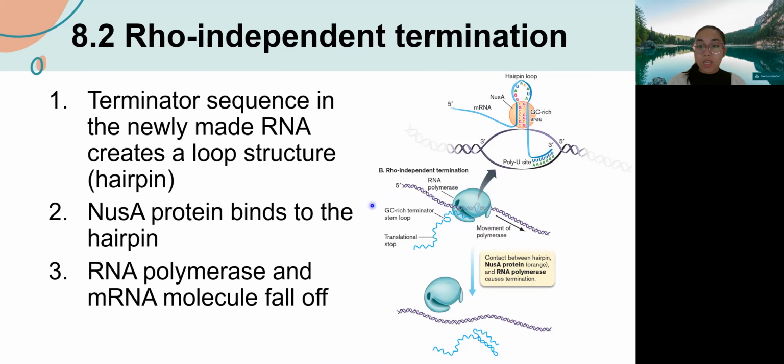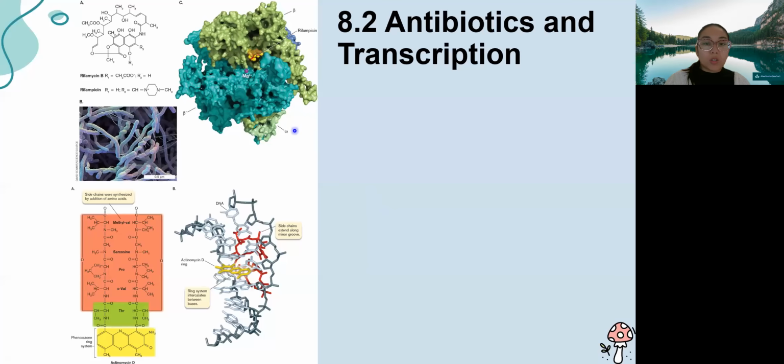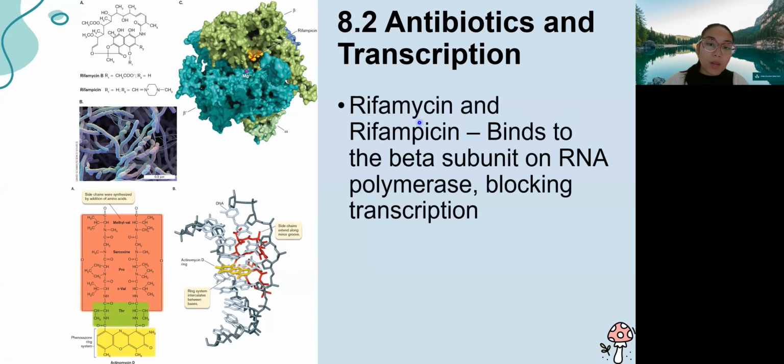Okay. So now let's quickly talk about some antibiotics. Antibiotics, again, target bacteria and prevent them from growing or kill them. And one way to target bacteria is by targeting their transcription. There's these two antibiotics called rifamycin and rifampicin. These both bind to the beta subunit on the RNA polymerase, and it blocks the transcription.